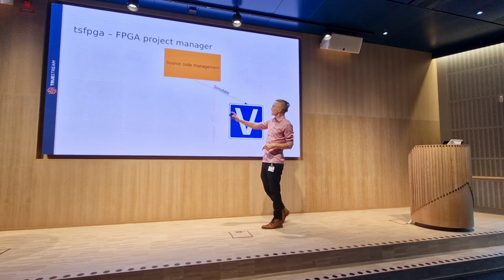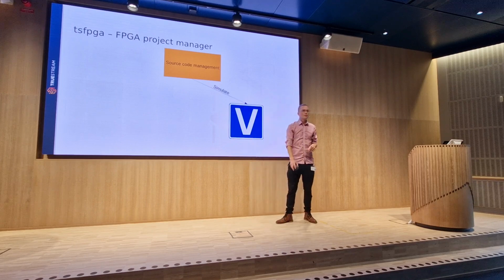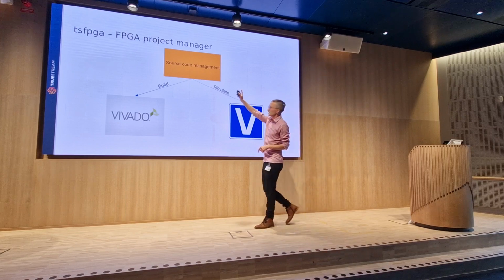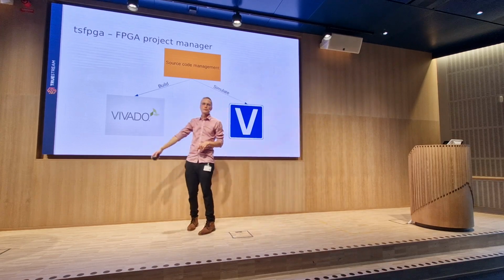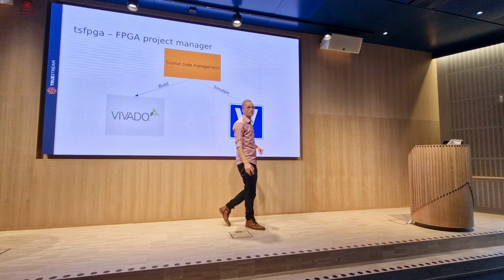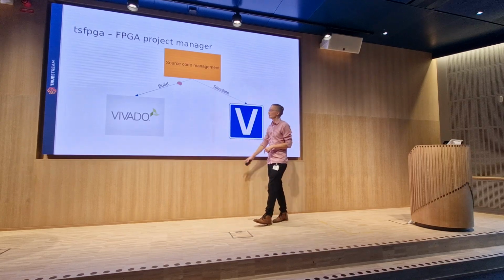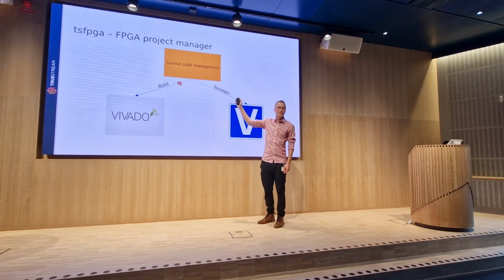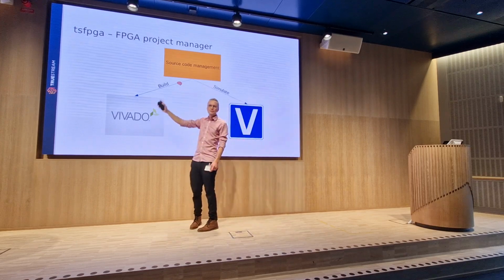From there, TS FPGA will start simulations with VUnit and generate the ticker needed to start builds in the model. This talk is about how we steal the VUnit runner and use it for this step.